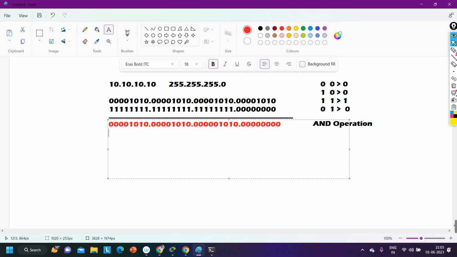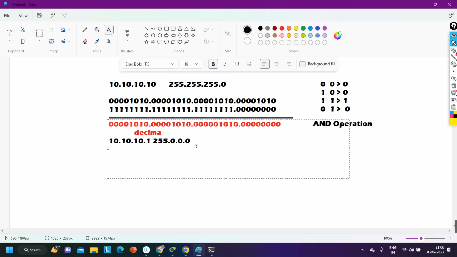Now you need to convert it again into decimal. If you convert to decimal, the first octet value will be 10, the second octet 10, the third octet 10, and the fourth octet 0. So this will be the network ID of the IP address. Okay, here I am writing IP address 1, and my subnet mask is not 255, let's say 10.0.0.0. This time tell me what will be the network ID. 10.0.0.0.